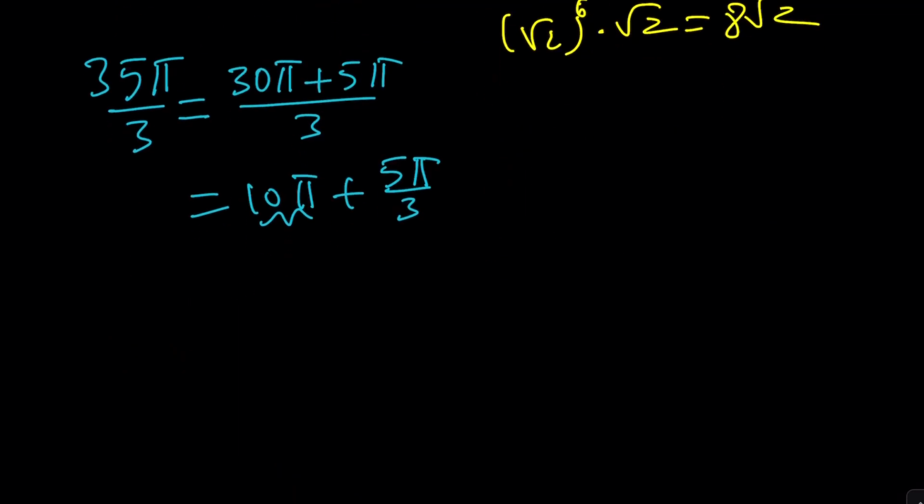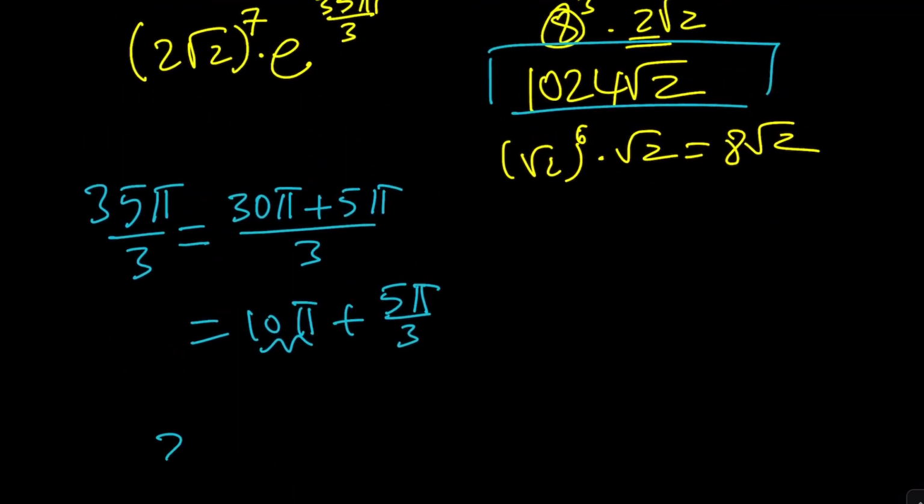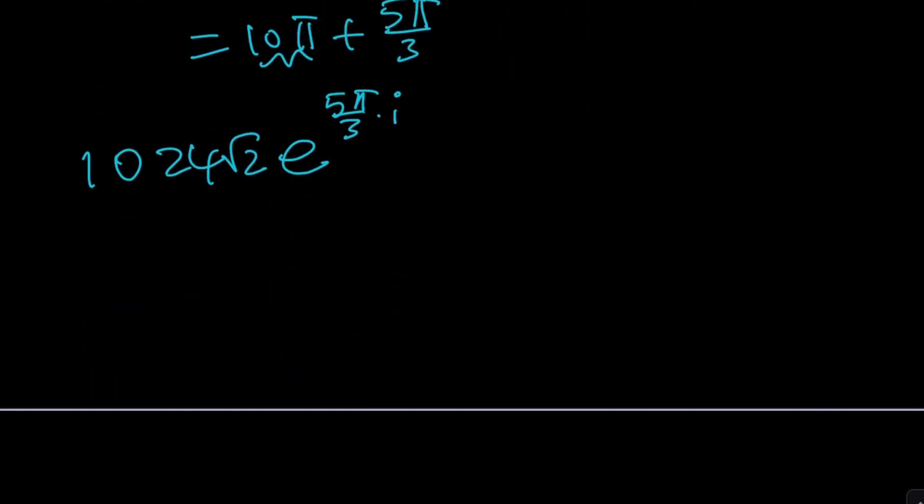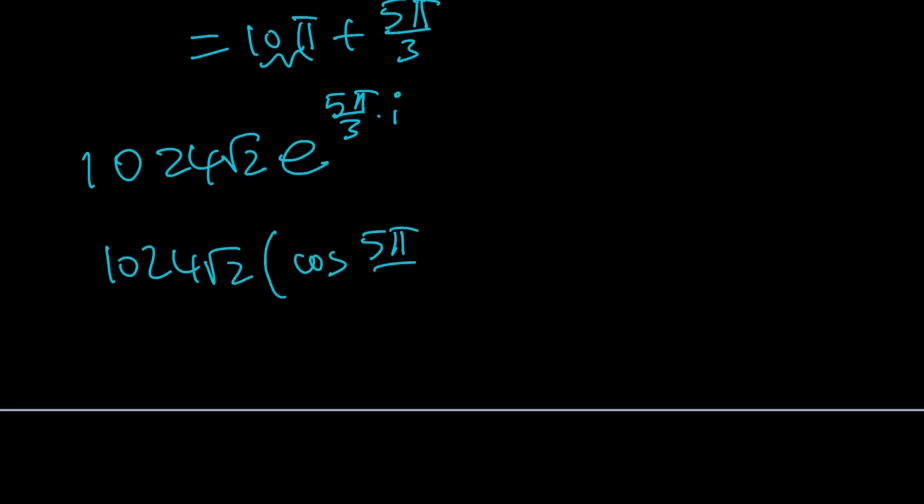It's the same thing. It just doesn't change. So the answer is 2 root 2 to the 7th power, which is 1024 root 2, times e to the power 5 pi over 3 times i. And if you remember, it was the root 2 and root 6, but those are not the values that we're looking for. So we basically need to replace this with cosine of 5 pi over 3 and i times sine 5 pi over 3.